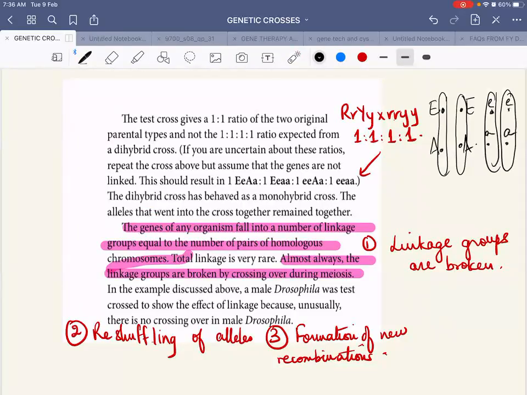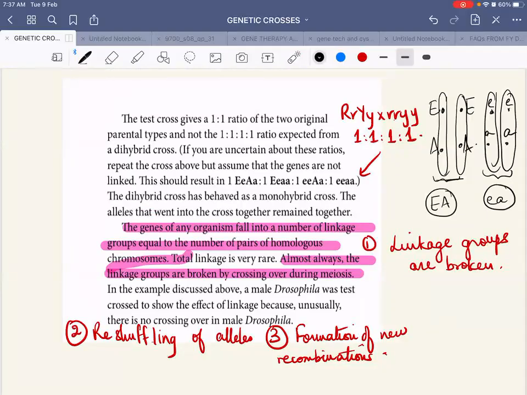Now, in this case, of course, if these homologous chromosomes separate during meiosis 1 and meiosis 2, the gamete that I am forming in this scenario will always be this, and in this scenario will always be this, which means that I will not be able to separate these alleles even when meiosis 2 is complete. But this will only be possible if total linkage is occurring. But total linkage is very rare.